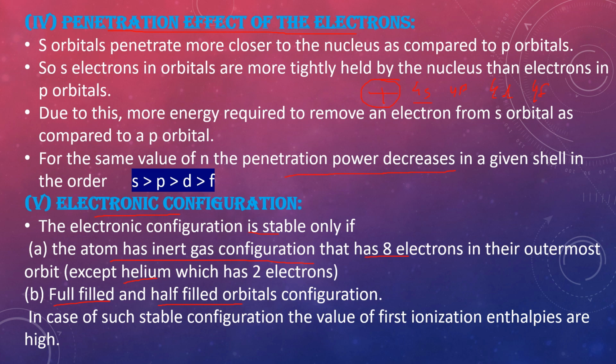In short, fully filled and half-filled configurations are more stable than other configurations. So if we have to remove an electron from such configurations, we have to supply more energy. For such stable configurations, the values of first ionization enthalpies are very high.